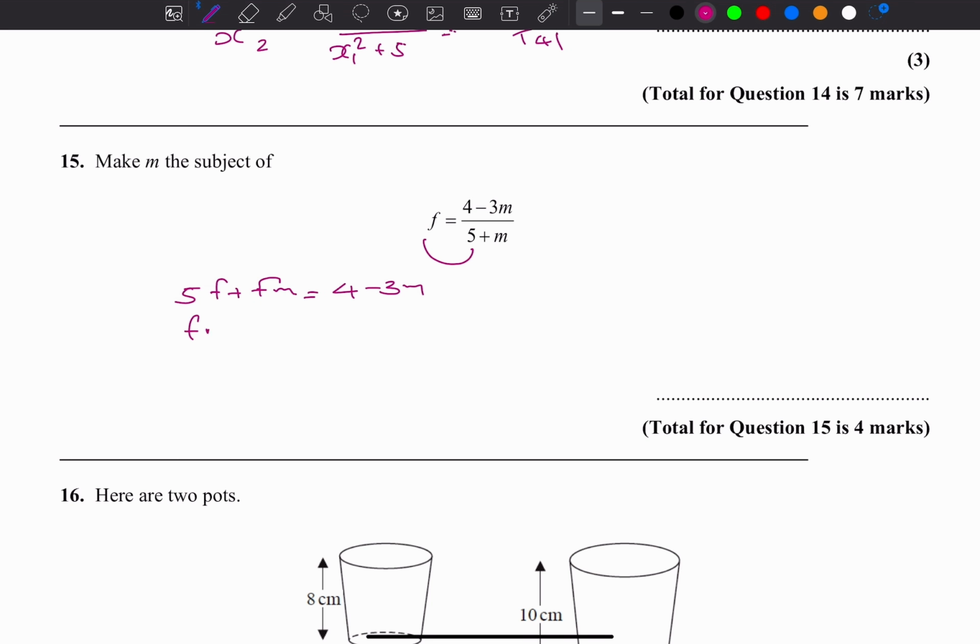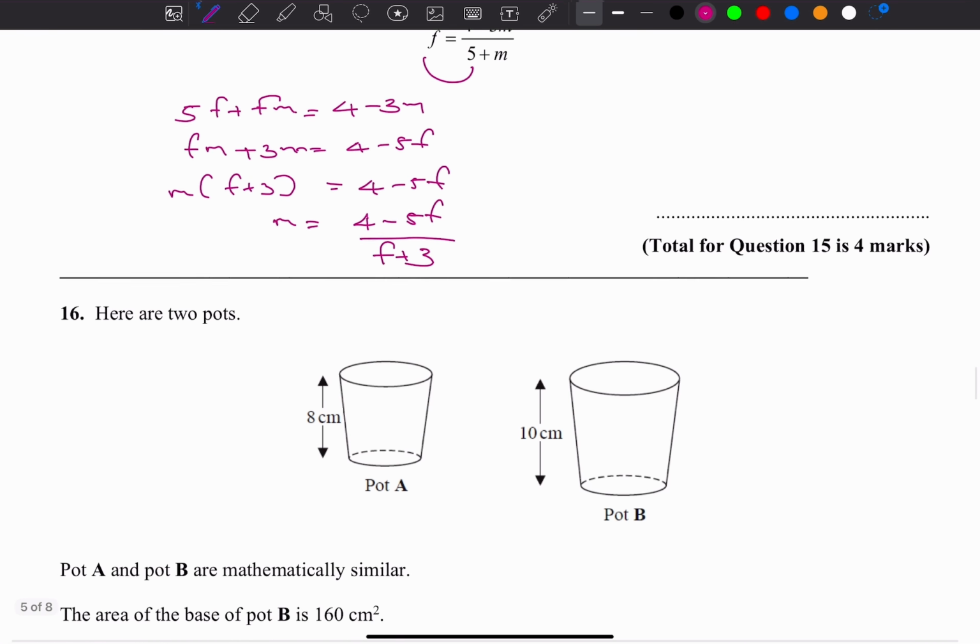Keep the m as fm here, plus 3m equals 4 minus 5f. Take it common. m times f plus 3 equals 4 minus 5f. m is 4 minus 5f over f plus 3. Simple as that.